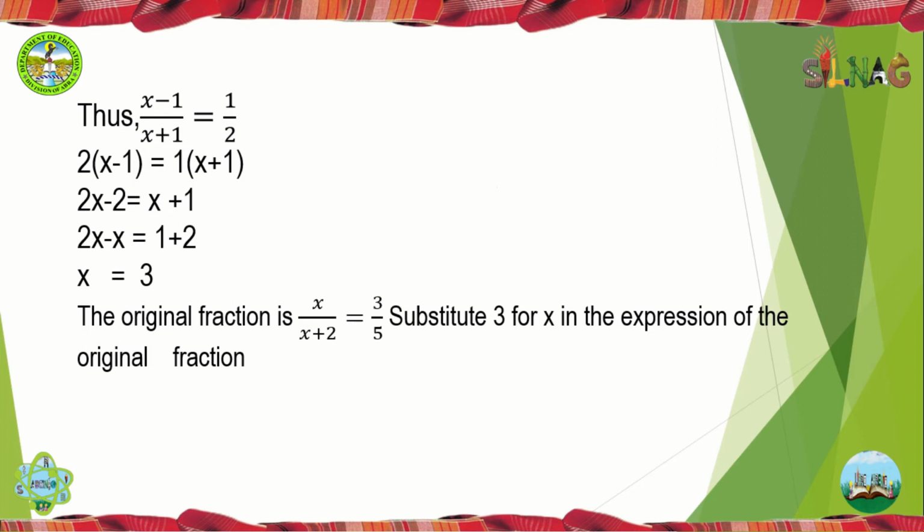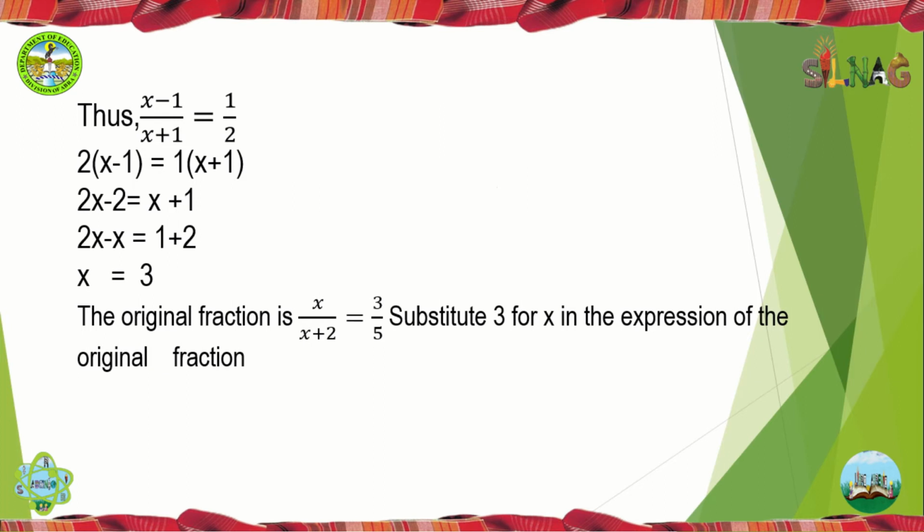And then at the right side, 1 times x plus 1 is equal to x plus 1. Then we combine similar terms, so we have 2x minus x is equal to 1 plus 2. 2x minus x is x, and 1 plus 2 is equal to 3. So the value of x is equal to 3.